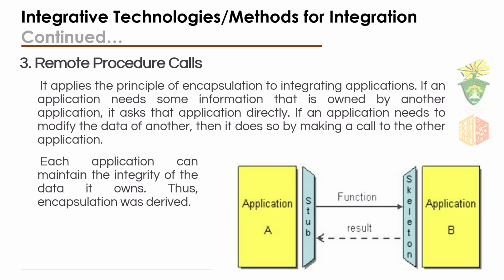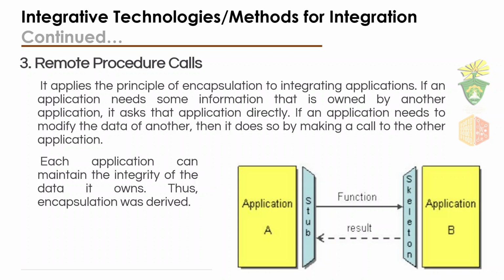In simpler terms, a stub is just a proxy of the skeleton on another system or location.